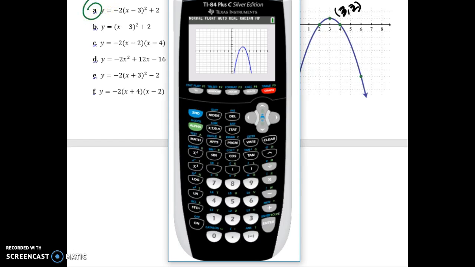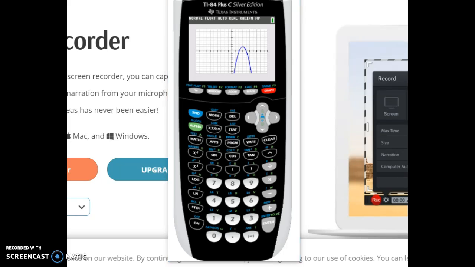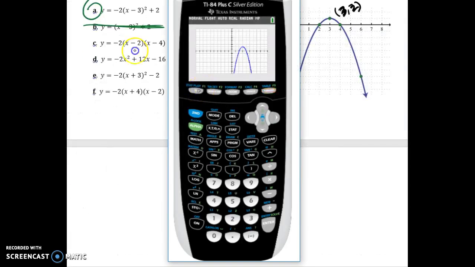So that one. And go back to your y equals. Now notice between this one and this one, that one has a -2 and this one has nothing. But they still are both in kind of a shifting form, so I would say the second one isn't going to work. Now compare this one and this one, C and F. They're kind of the same. So let's go back to my y equals.